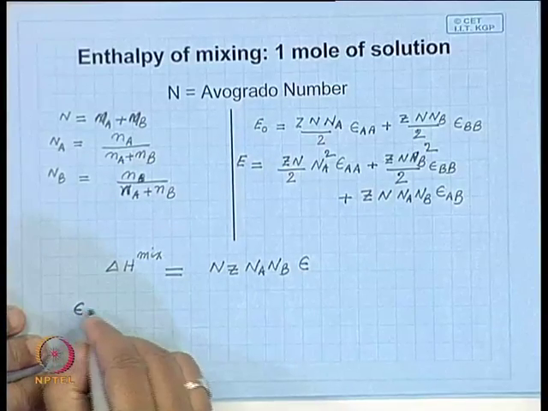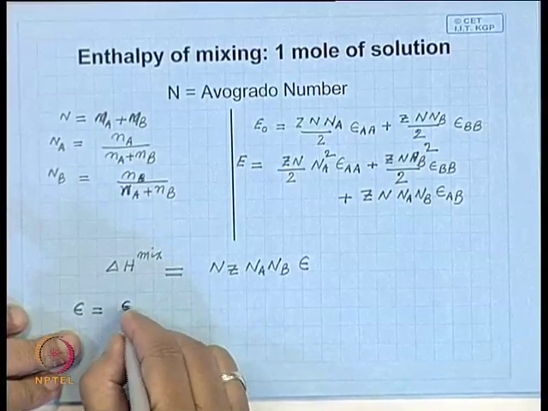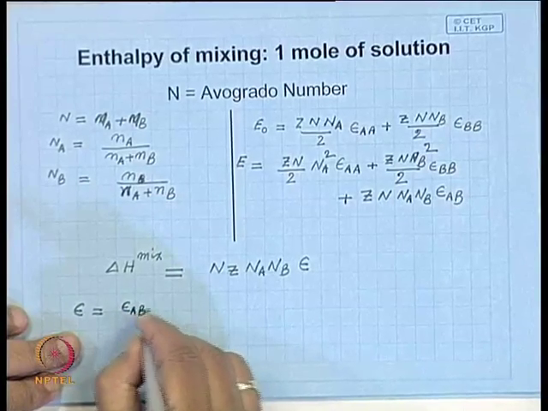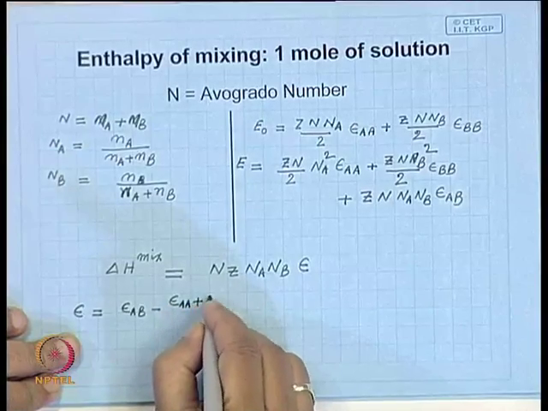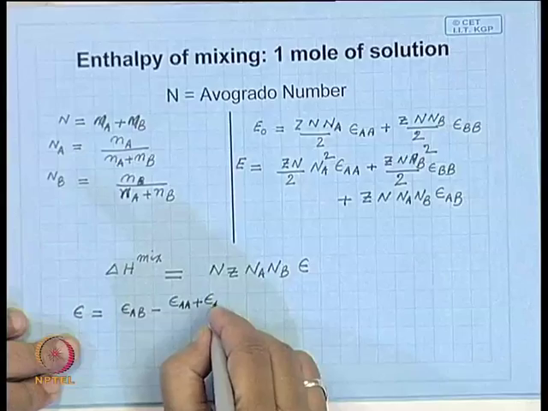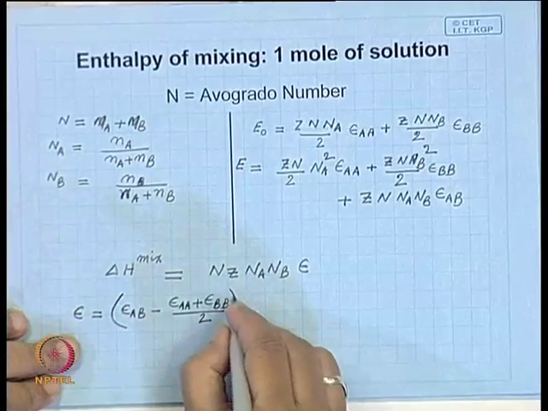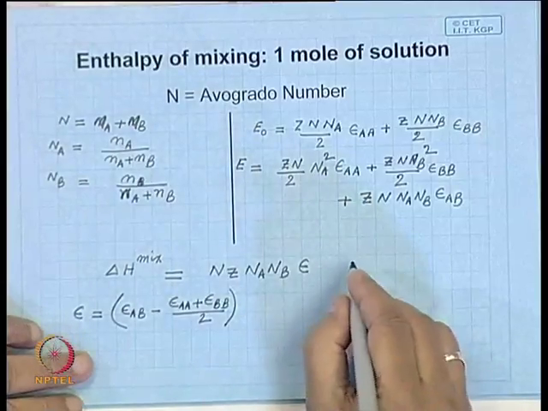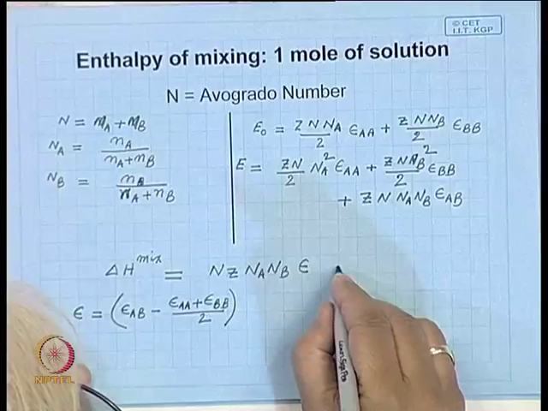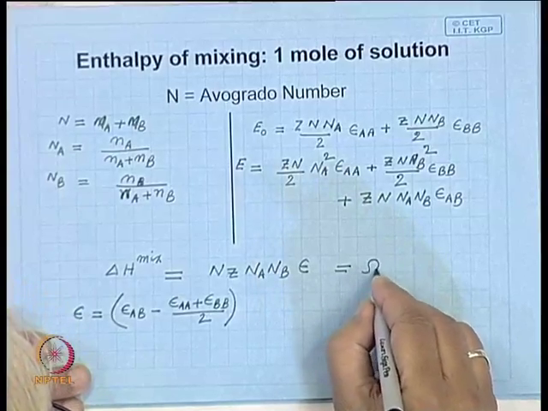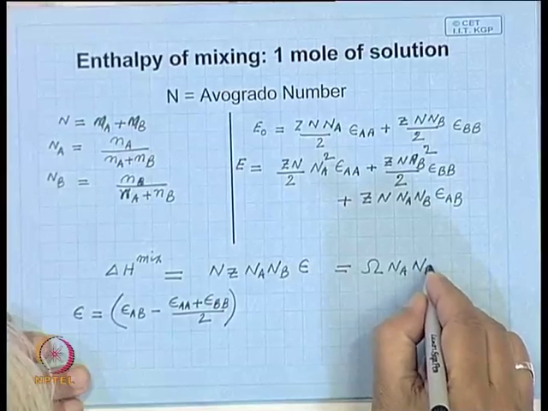This energy term is nothing but the AB type of bond formation energy, minus epsilon AA and epsilon BB, and we usually represent this as omega Na and Nb.